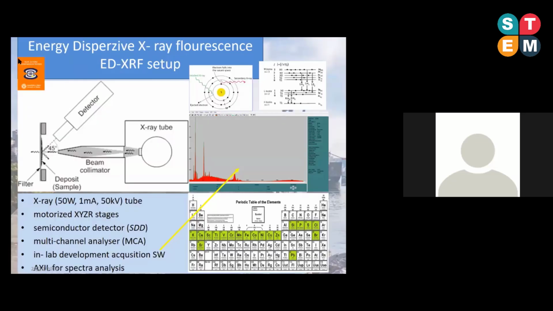In the Department of Physics, we use XRF with an X-ray tube, semiconductor detector, and multi-channel analyzer. For the X-ray tube, we use power of 50 watts, current of 1 milliampere, voltage of 50 kilovolts. We obtain 90 elements from silicon to lead by the software package named AXIL.